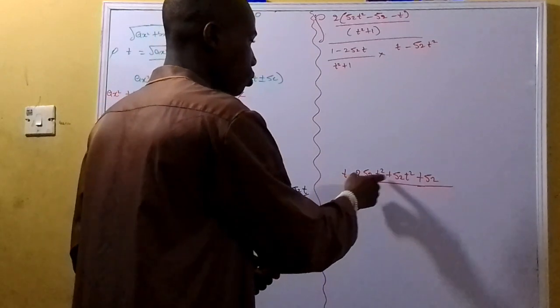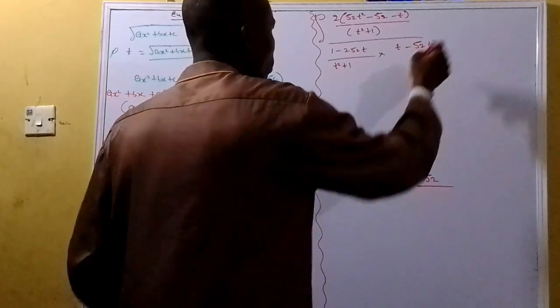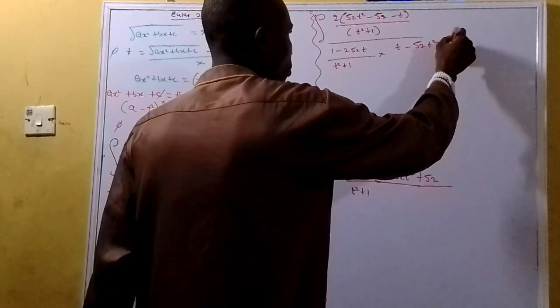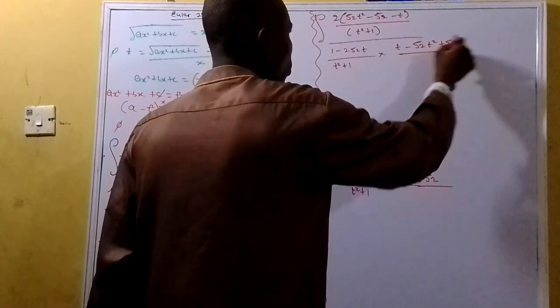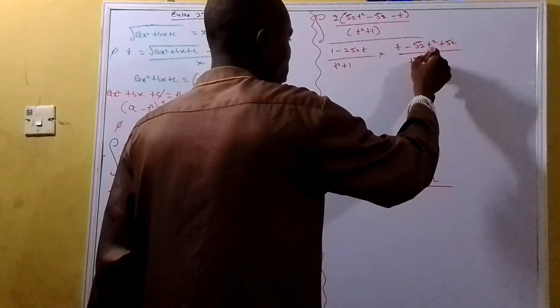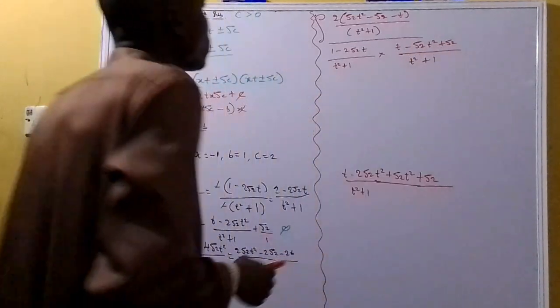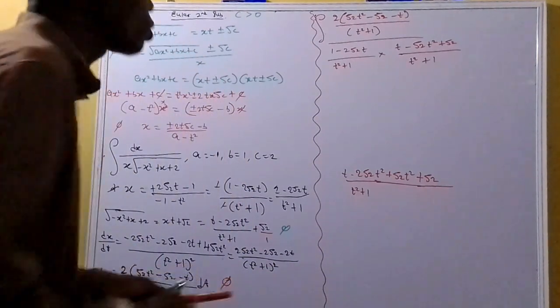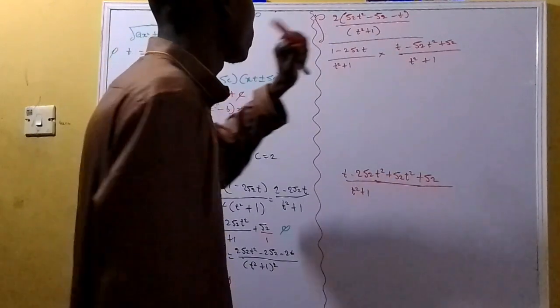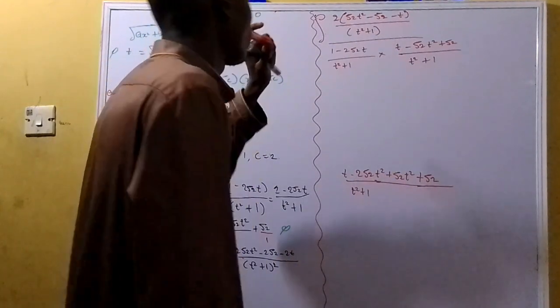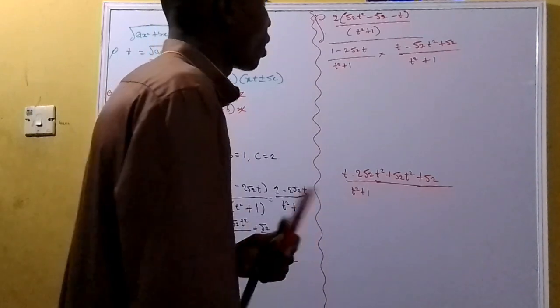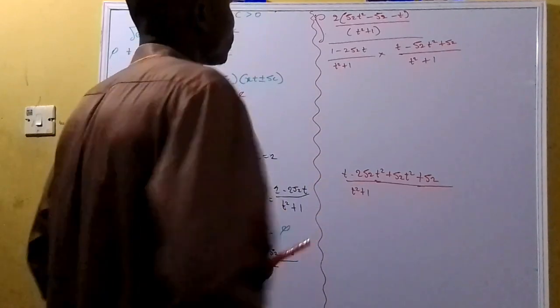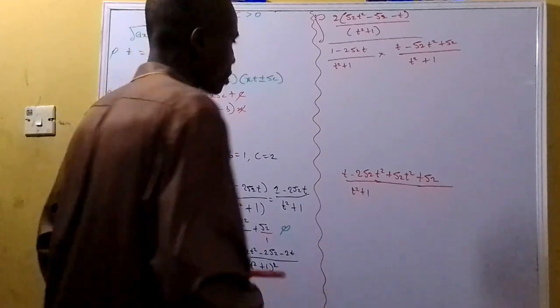That's it here, minus root 2 t squared, and plus your root 2, then over our t squared plus 1. So guys, seems like there is something important that we need to do here just to make this look like this. And what is that thing? Yeah, it is actually what comes to your mind. Exactly what comes to your mind. But let's move on, guys.